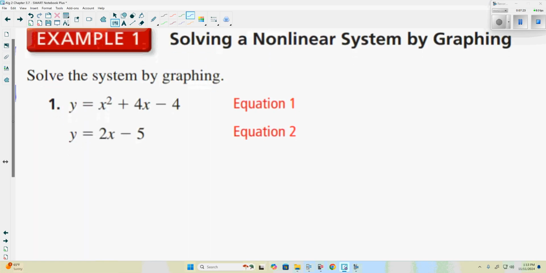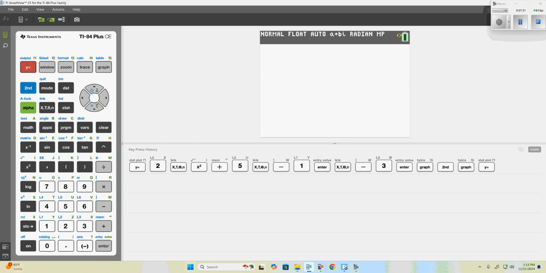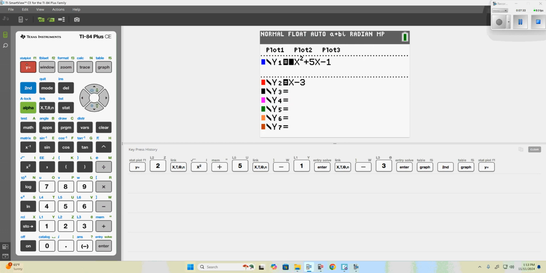y equals x squared plus 4x minus 4, and y equals 2x minus 5. Again, we can grab the graphing calculator and hit y equals, and type both of those equations into the calculator. So we can hit clear. x squared plus 4x minus 4.